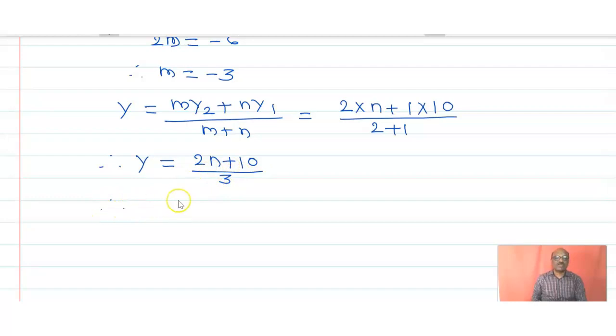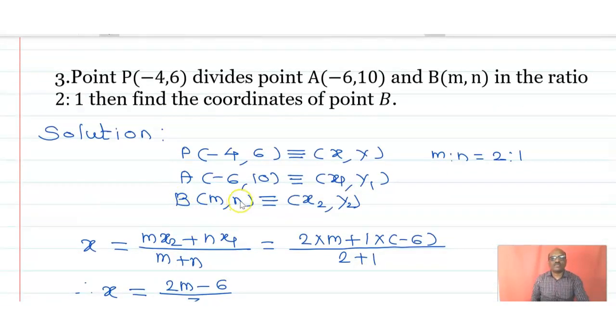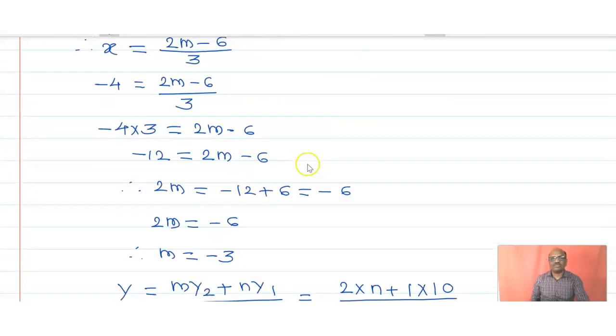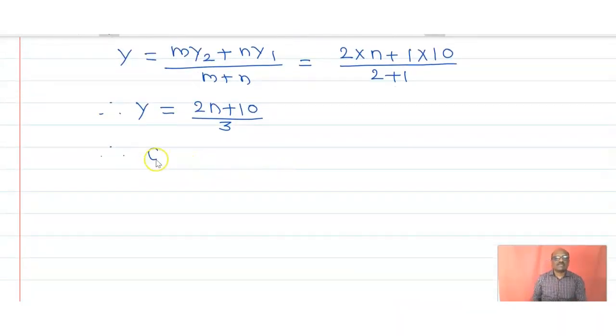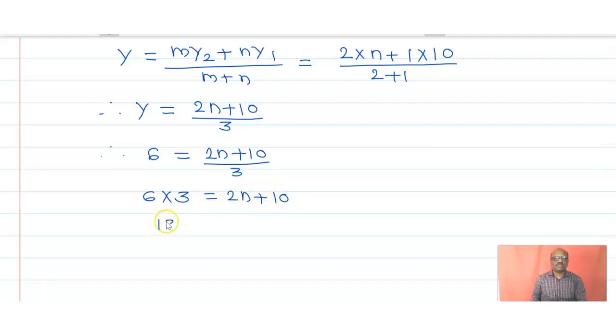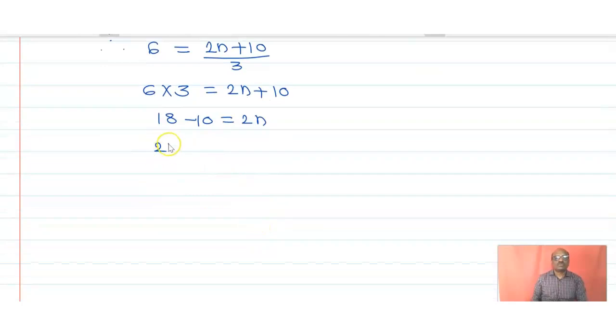Again we will simplify here. The y coordinate, that is P's y coordinate, is 6. Putting 6 here, that is 6 is equal to 2n plus 10 upon 3. Multiplication, 6 into 3, that is equal to 2n plus 10, that is 18 minus 10 is equal to 2n, and therefore 2n is equal to 8 and n is equal to 4.